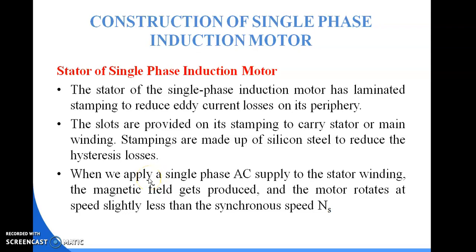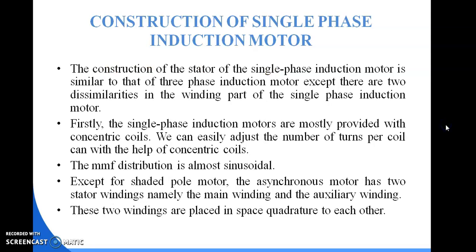When we apply a single phase AC supply to the stator winding, the magnetic field gets produced and the motor rotates at a speed slightly less than the synchronous speed Ns. As we know, due to some losses in the machine, this motor will run a bit less than the synchronous speed Ns.